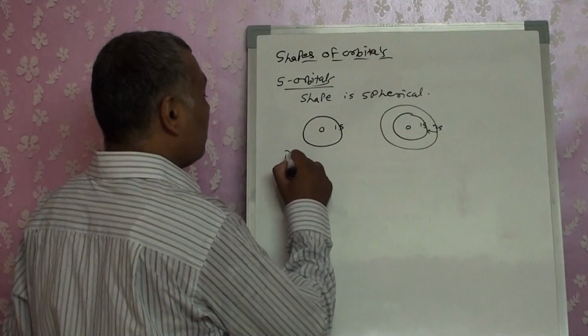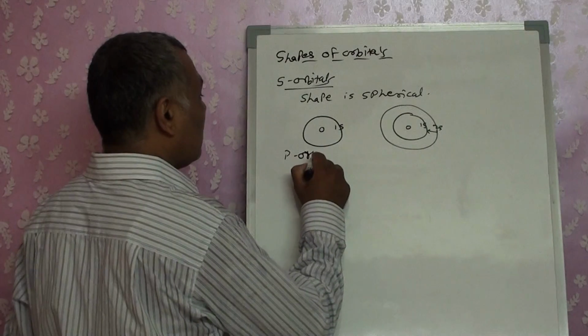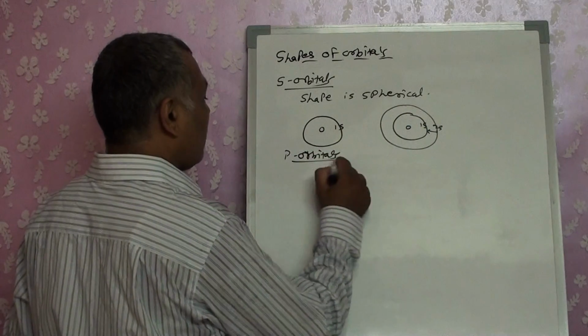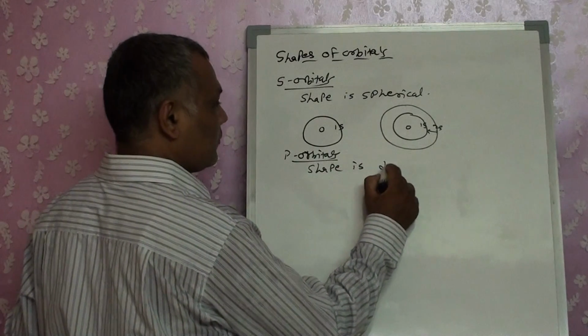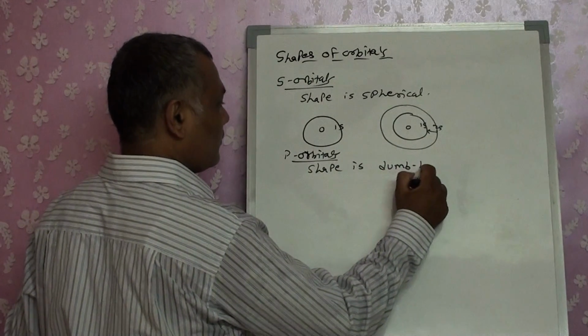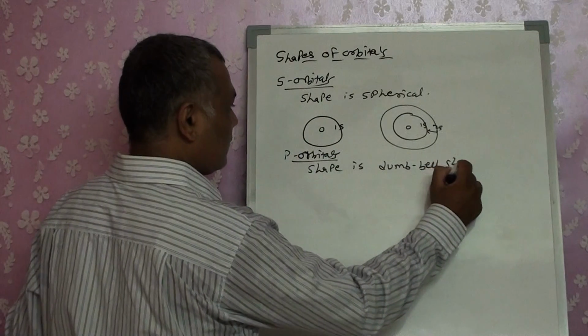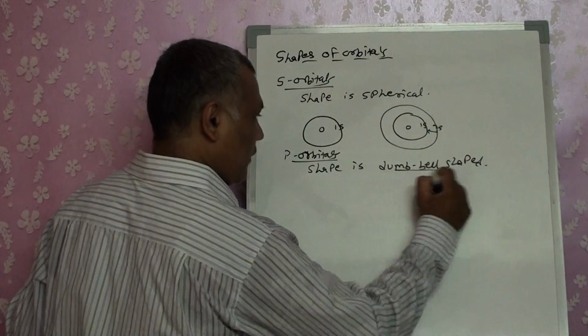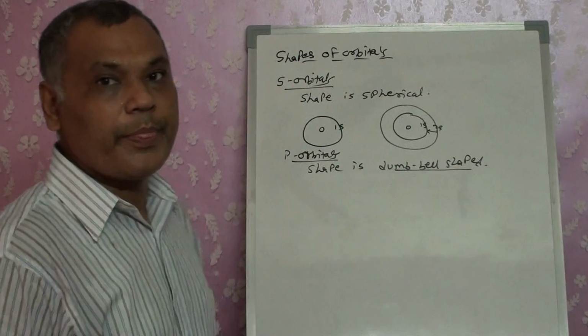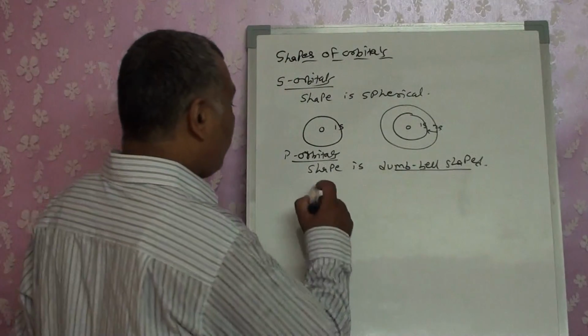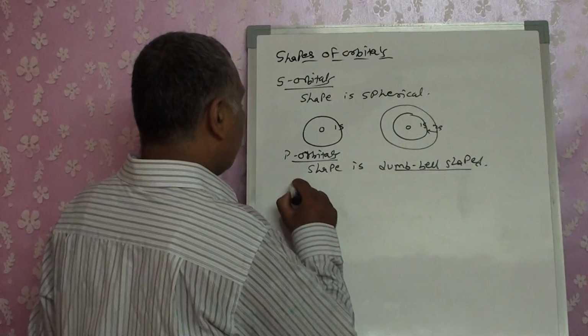When we write the p orbitals, we are going to write them as dumbbell shape. Now why is it written as dumbbell shape?